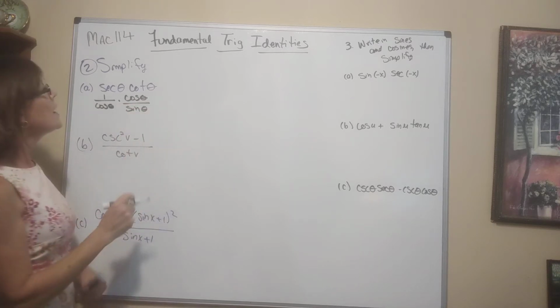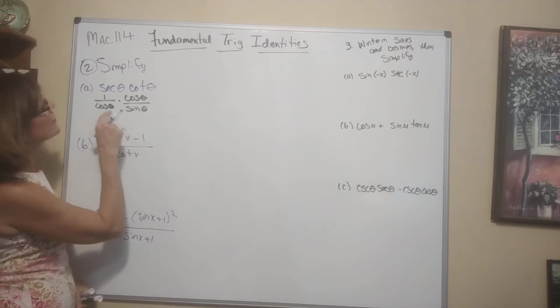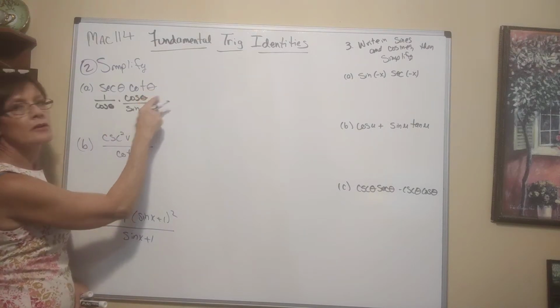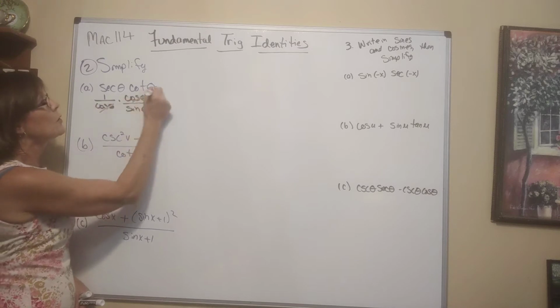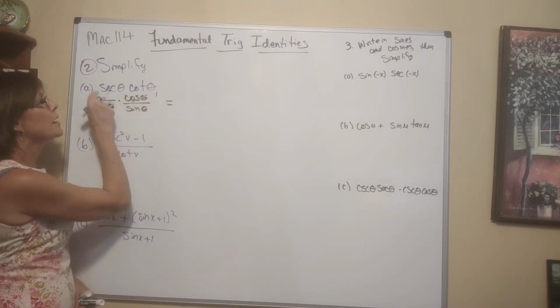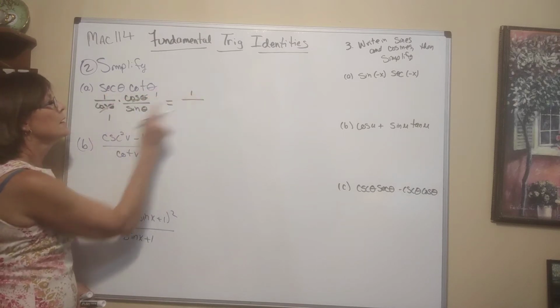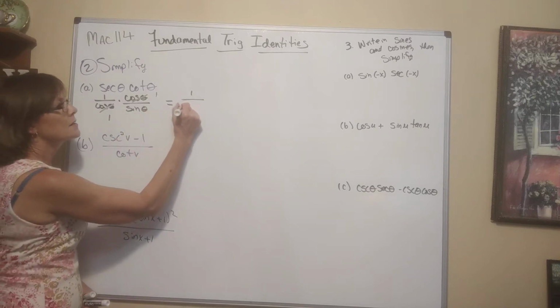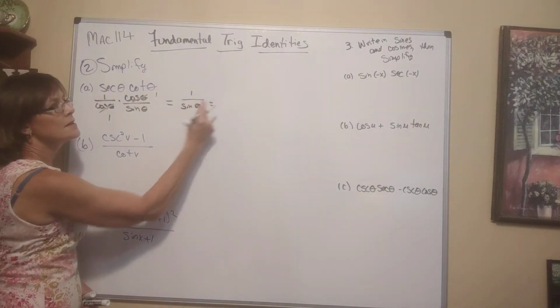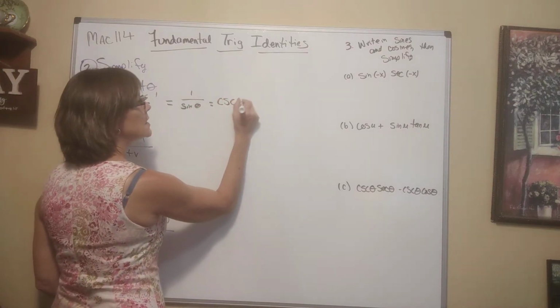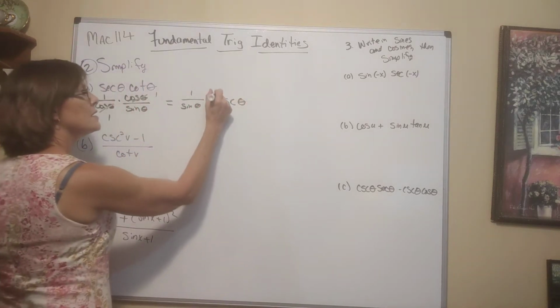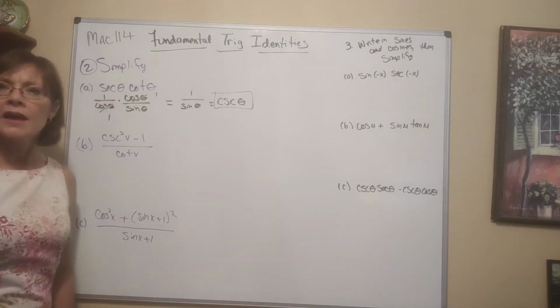So now we're multiplying fractions together. When you have common factors, one in the numerator and one in the denominator, those will divide into each other, giving you a 1. And then you can just multiply. 1 times 1 is 1. 1 times sine of theta is sine of theta. And then this is equivalent to the trig function that we called cosecant of theta. So this is a simplified form of that.